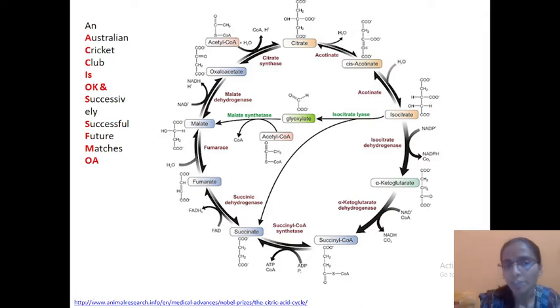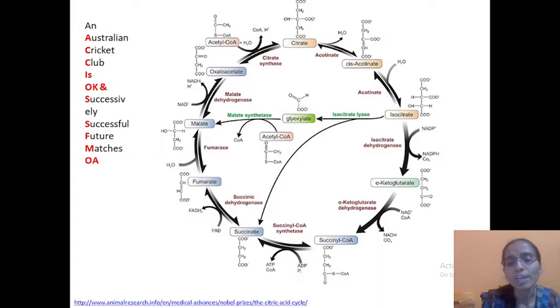Always remember, whenever there is the term dehydrogenase in the enzyme, surely there will be the formation of NADH or FADH. Here it forms one NADH, and isocitrate forms alpha ketoglutarate.